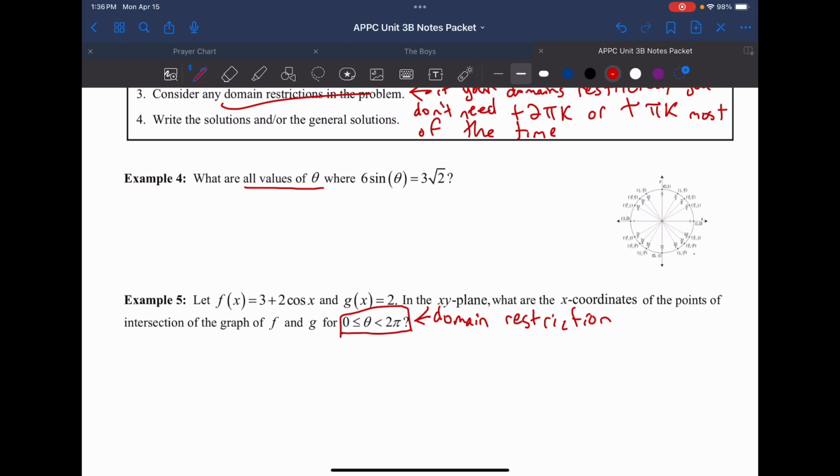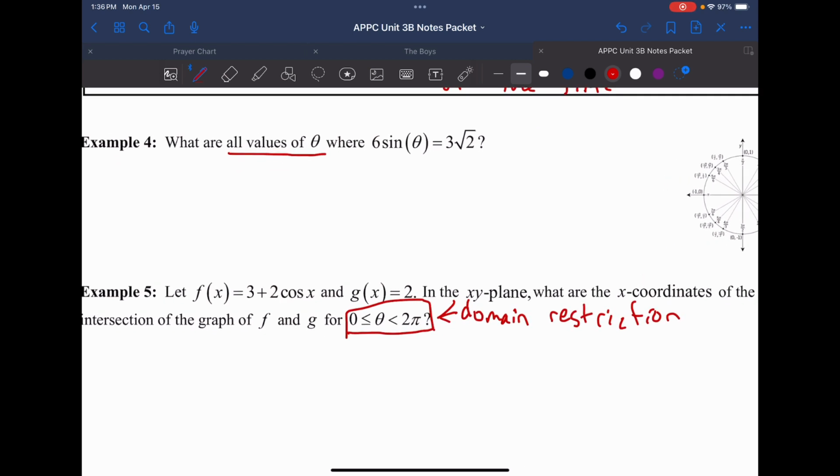So what are all the values of theta where this is true? Let's write that out. This looks worse than what it really is. So my first step is to isolate this. I'm going to say 6 divided by 6, have sine theta equals 3 over 6 simplifies to 1/2.